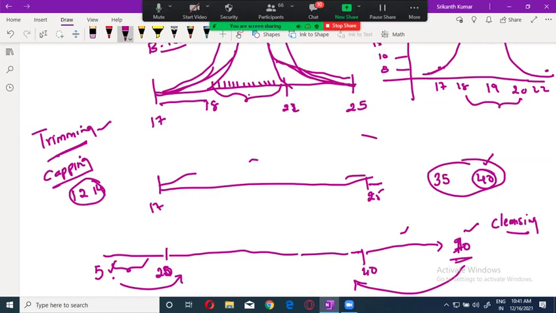Or just see that a restaurant is running very slow, and only 2 or 3 people have entered. Now one guy is making a mess, shouting. What will you do? You will not tell him to get out, right? Because you have very few customers. So you will try to convince him. But think that the restaurant is full and one guy is making a mess; you will say get out, because you have enough customers.